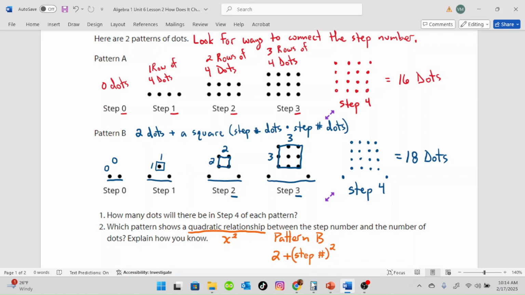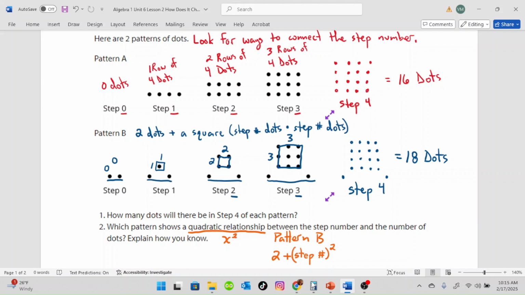Pattern A is adding 4 dots every time, so it would actually be a linear relationship. So as we're looking for these patterns, these are the things we need to start looking for. Look to see if we're adding the same amount every time. If we are, that's linear.